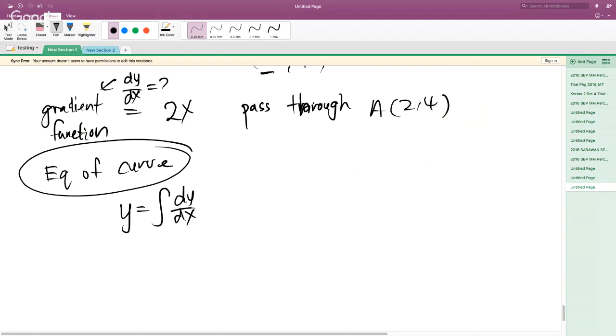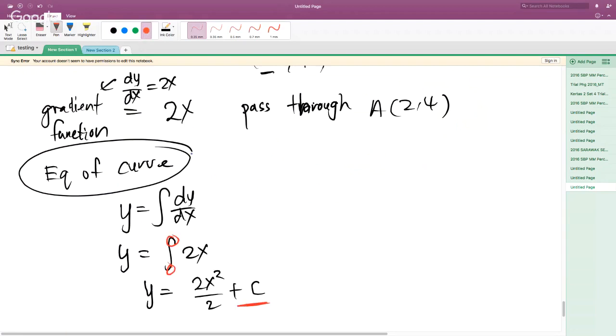So if dy/dx equals 2x, you need to integrate 2x. If I integrate 2x, I get 2x squared over 2 plus c. When you don't see any limits, you always need to add a plus c, especially for the equation of the curve. The plus c is compulsory, it's not optional.